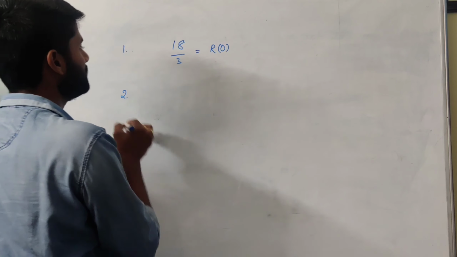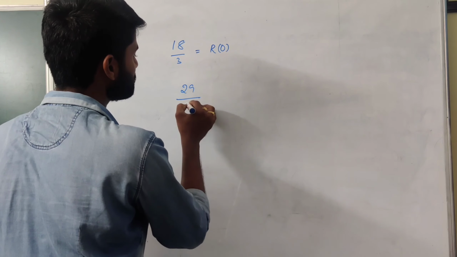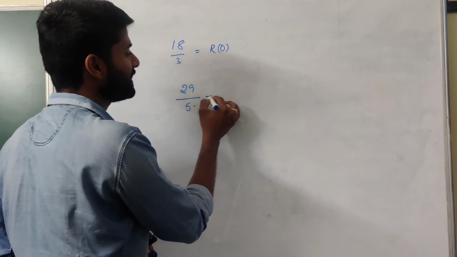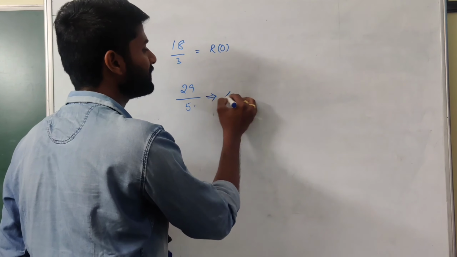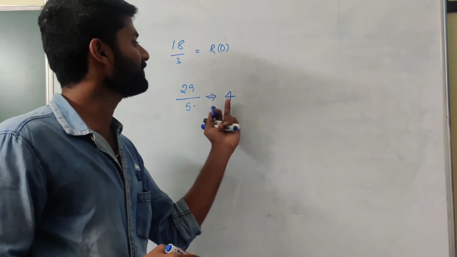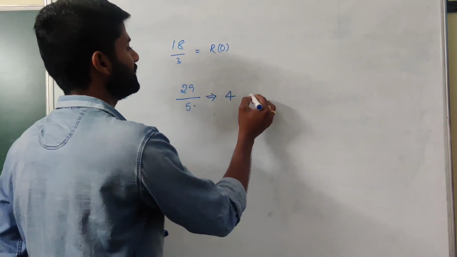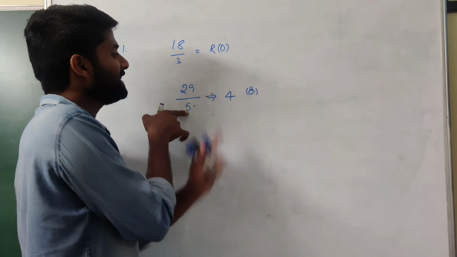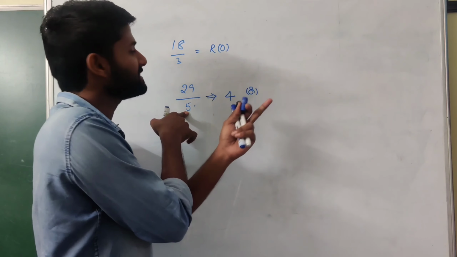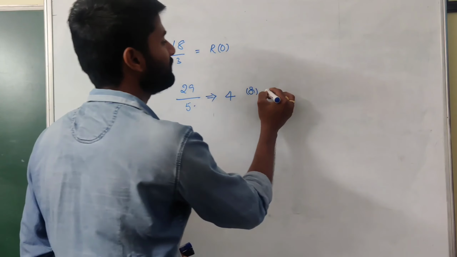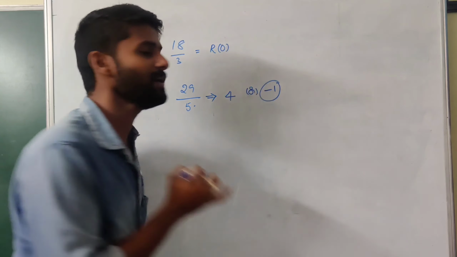For example, I just go with 29 divided by 5. We already know that 29 divided by 5 leaves exactly remainder 4. Why? Because 5 fives are 25, and we are left with a remainder of 4. For example, some students consider the negative remainder. The nearest multiple of 5 is 5 sixes are 30, but the given value is 29. Between 30 and 29, we consider the value as minus 1.